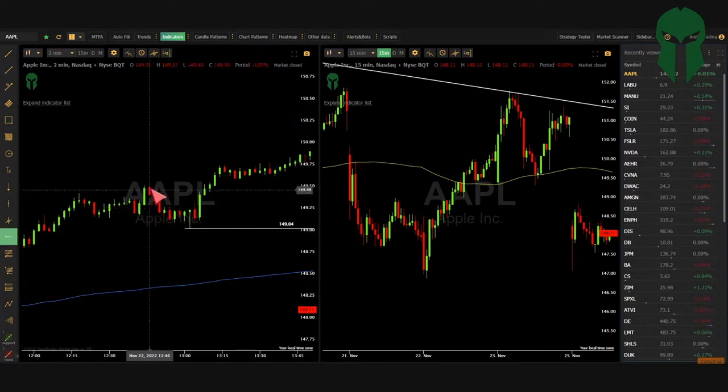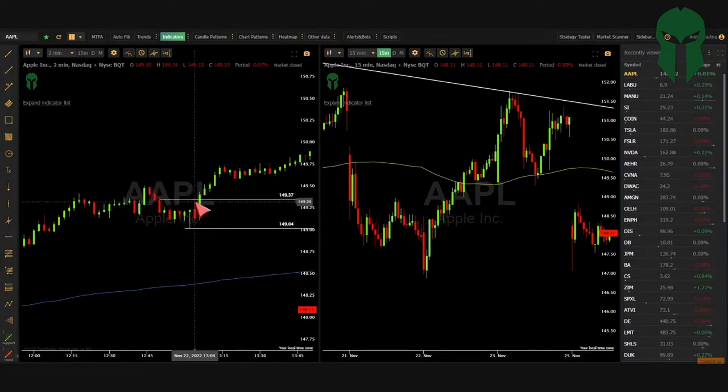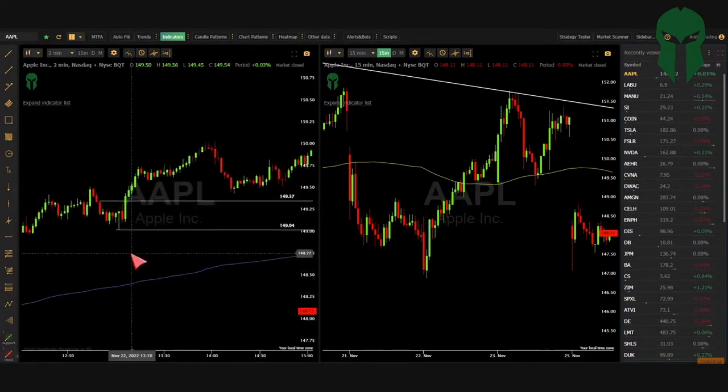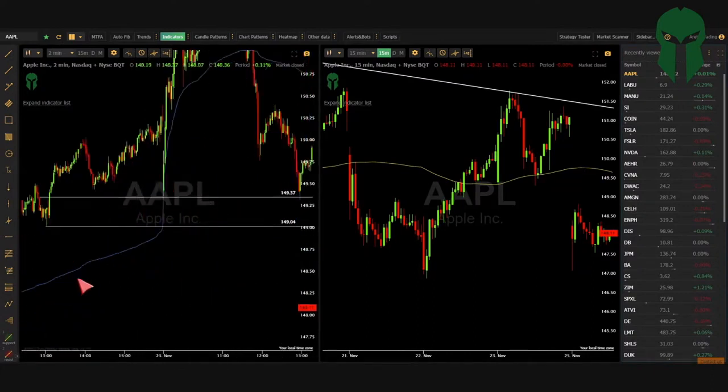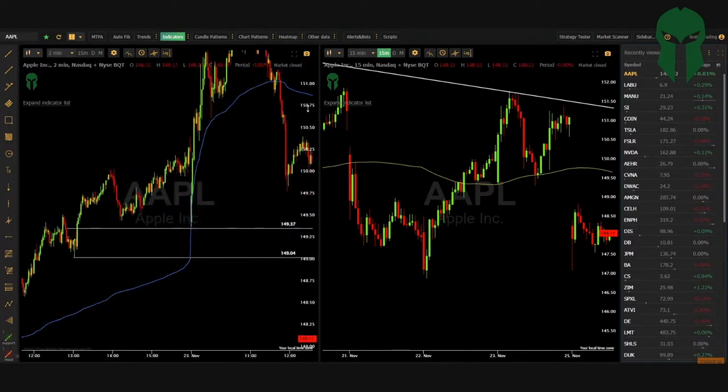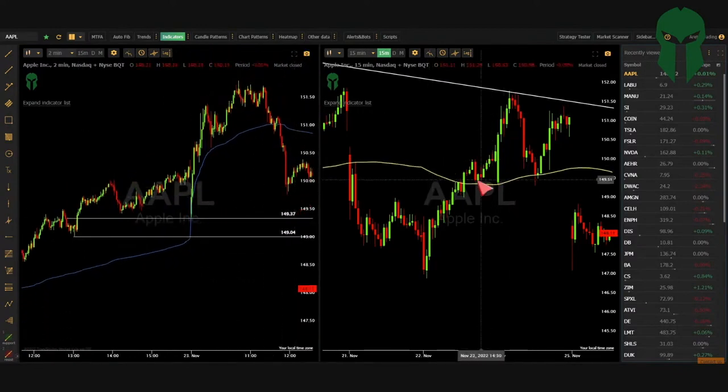And now you're looking at this pattern and all you're saying is, I just have to get above this pattern. Well, to get above that pattern, I have to get above that bar. You could even say it's above this. So now I'm in Apple on my day trade for 34 cents. I'm in there for 34 cents because I waited for this line to hit. And when it hit, I got in.